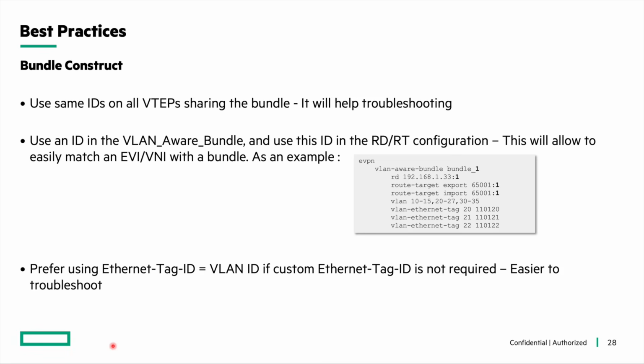This will allow you to easily associate an EVI or VNI to a bundle. And lastly, prefer to let the system set the Ethernet tag ID to the VLAN ID, except if it's required to set it manually because you need that to interoperate with another vendor. Using an Ethernet tag ID set to the VLAN ID will obviously ease the troubleshooting.